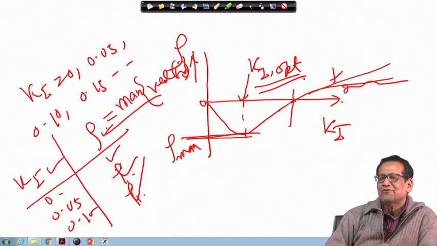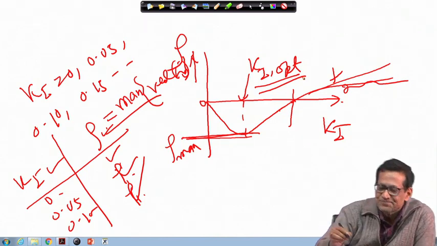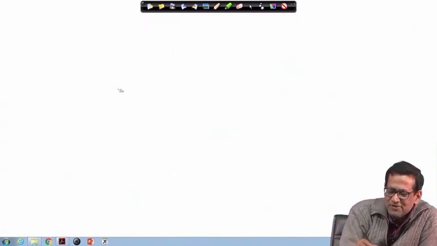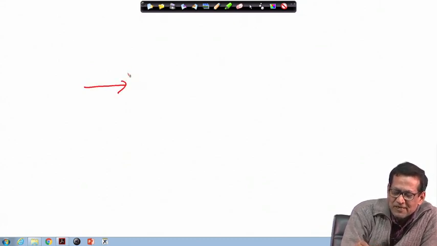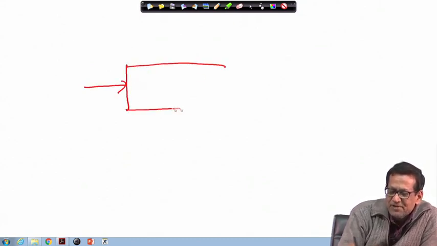If we put a PID controller this way, the only thing is that if you put a PI or PID controller, the only modification you have to make is in the X4 dot equation. For example, suppose this is my PID controller.